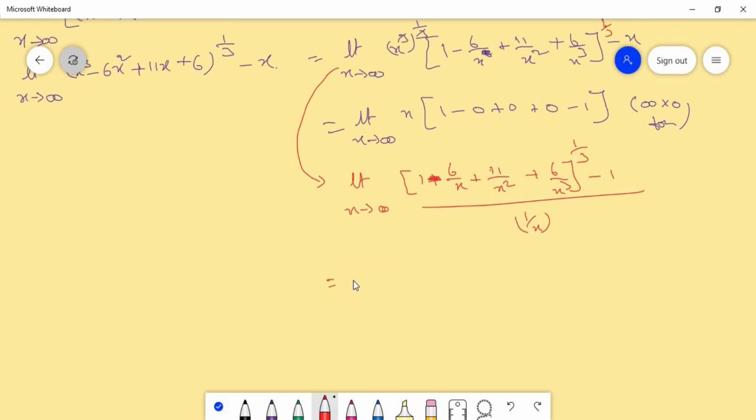Now what to do here? Limit x tends to infinity. Apply the power value.